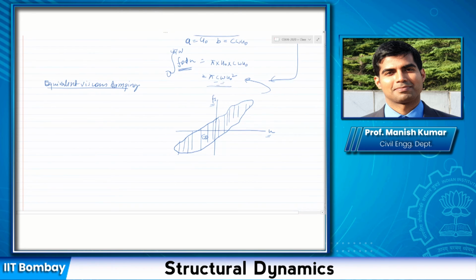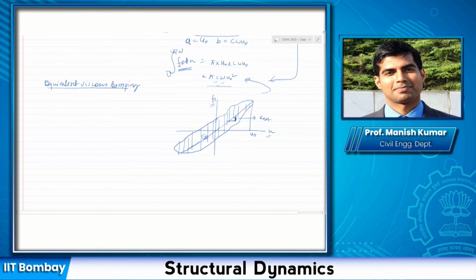Now remember, if you have Fs and U, we find out an equivalent stiffness of the system, let us say K. This is for any general system. So I find out the K effective at some displacement, let's just say U naught is here.